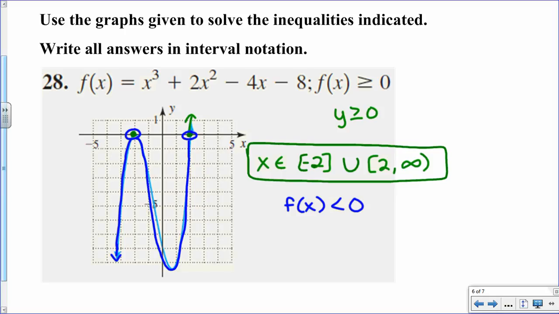I have a hole here, so I have negative infinity to negative 2. And then I start back at negative 2 to 2. Then the rest of the graph is greater than 0. So I have negative infinity to negative 2, negative 2 to 2, all parentheses because I'm not including those zeros.